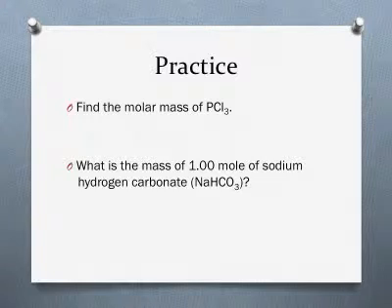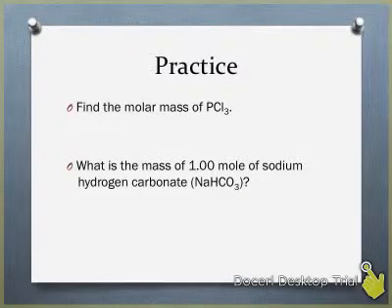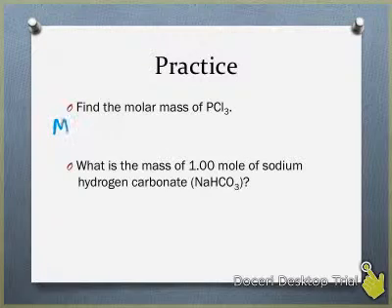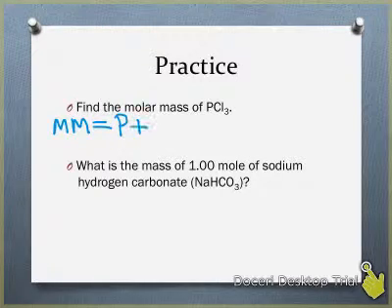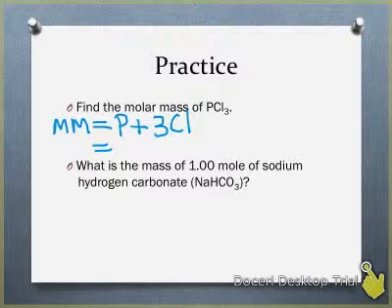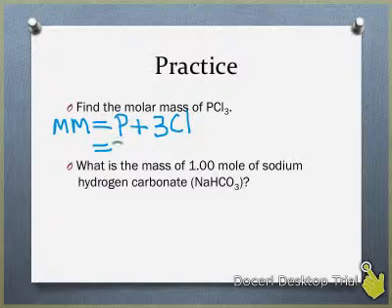This one is asking us to find the molar mass of PCl3. So again, molar mass, I do capital M, capital M. How many P's do I have? 1. How many Cl's do I have? 3. If I look at the periodic table, the mass of my phosphorus is 30.97.